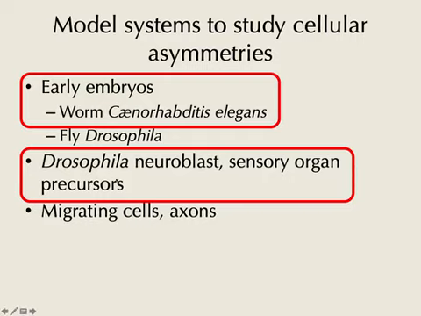And at the end of the lecture, we're going to see another example, more briefly, about using Drosophila models, especially focusing on neuroblasts and precursors for sensory organs, mostly to illustrate two things. One, the deep conservation of mechanisms involved in polarity.